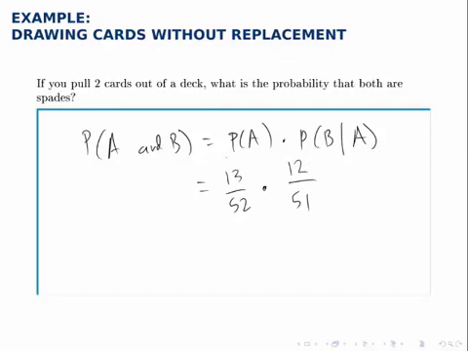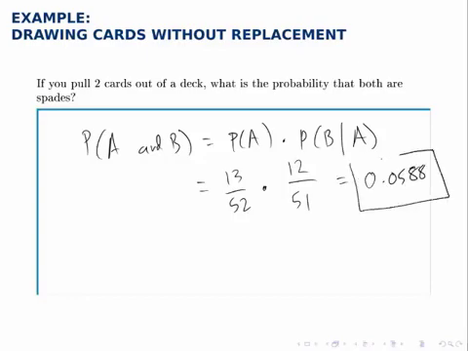So we multiply the probability that we draw a spade the first time times the probability that we draw a spade the second time, assuming that the first card was a spade. So if we multiply those two together, we get, in decimal form, a probability of 0.0588, or about a 6% chance.